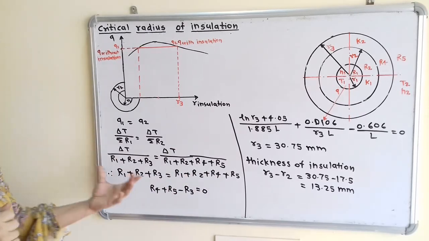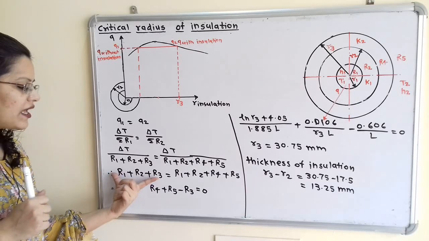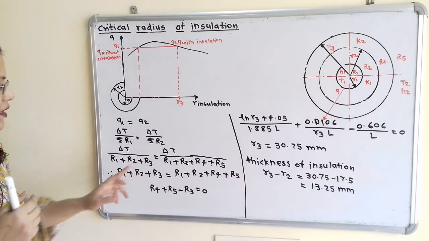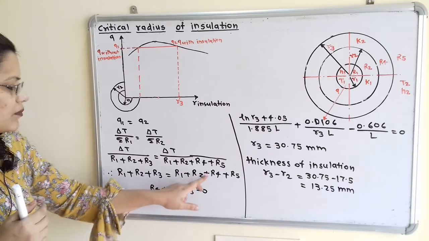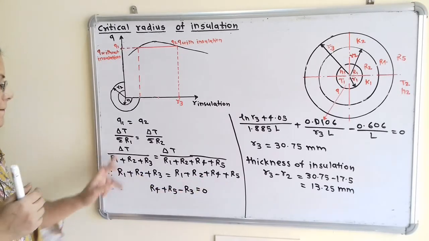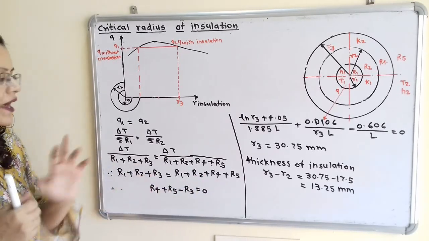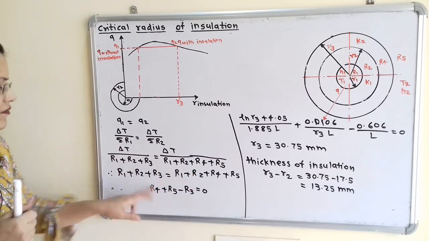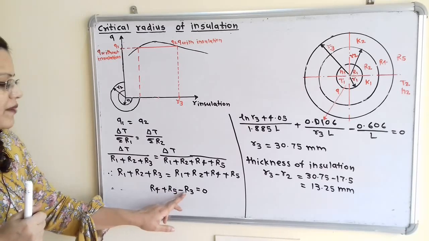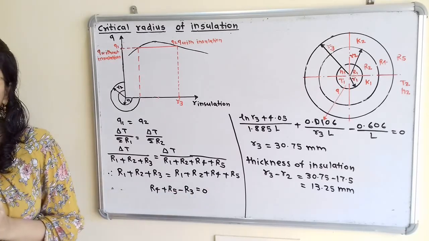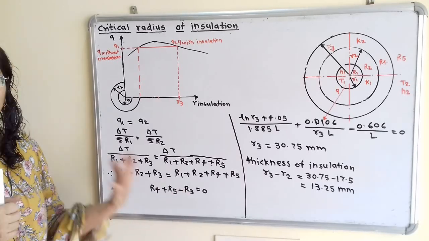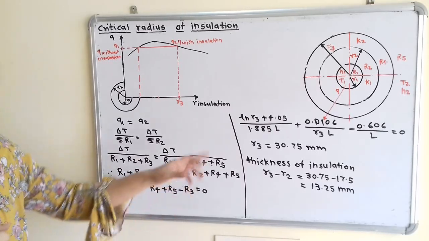Now when I transfer this whole left hand side to the right hand side, it will become R1 plus R2 plus R4 plus R5 minus R1 minus R2 minus R3. So R1 and R2 are getting cancelled and the term will become R4 plus R5 minus R3 is equal to 0.